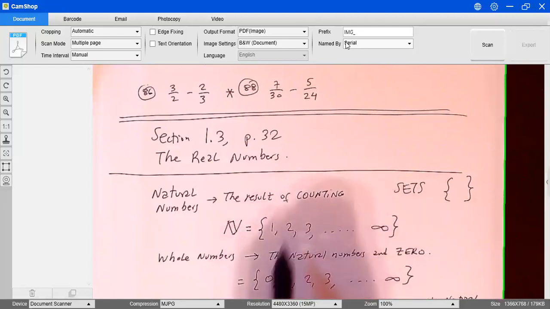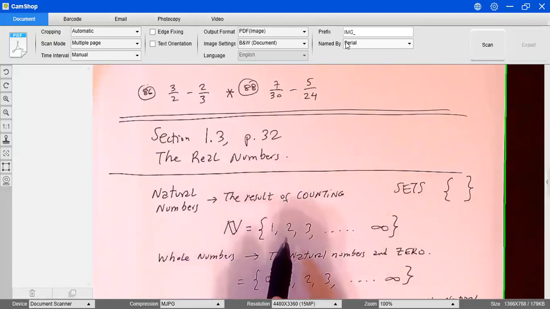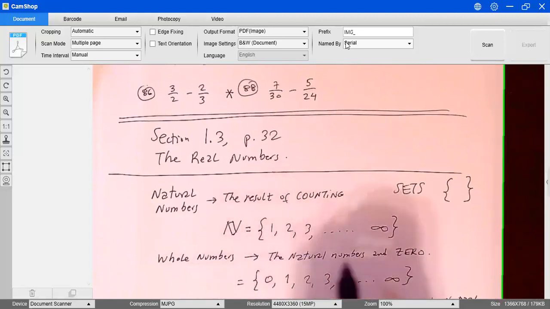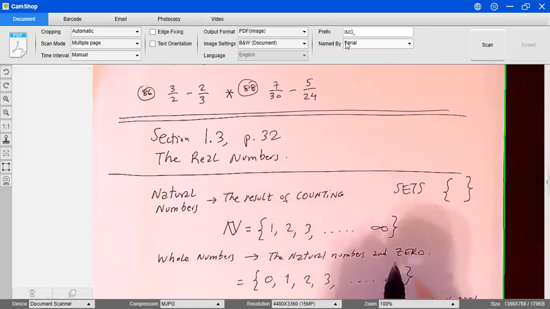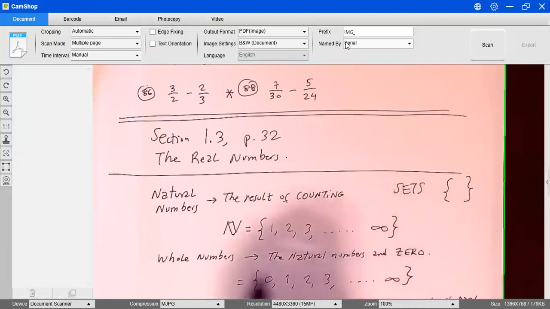Then one culture came up with another number that was missing in this original set when they were counting things. The number that represents nothing is 0. When you add 0 to this set, then you get a new set.